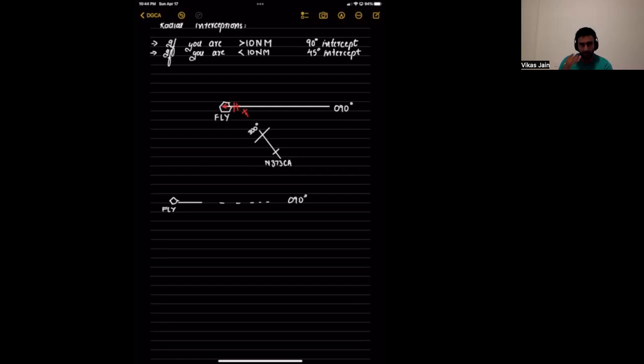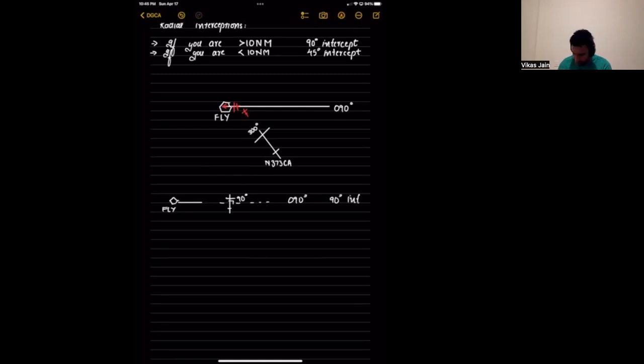So when you're coming towards the radial, the nose of the aircraft is at 90 degrees to the radial. It's not 090. It's the angle between the nose of your aircraft and the radial that is 90. This is your 90-degree intercept.